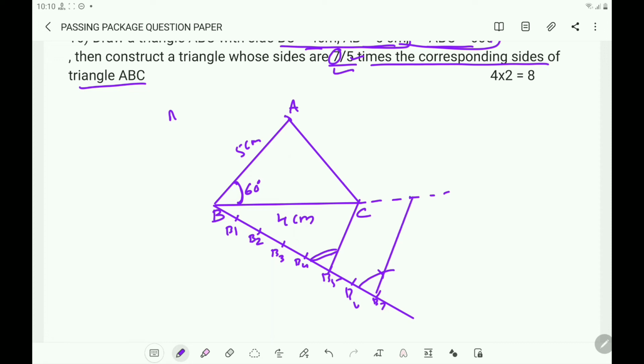Again here also draw the arc, and with this as a center draw the arc and find this distance and cut it, and you will get another parallel line to this one.